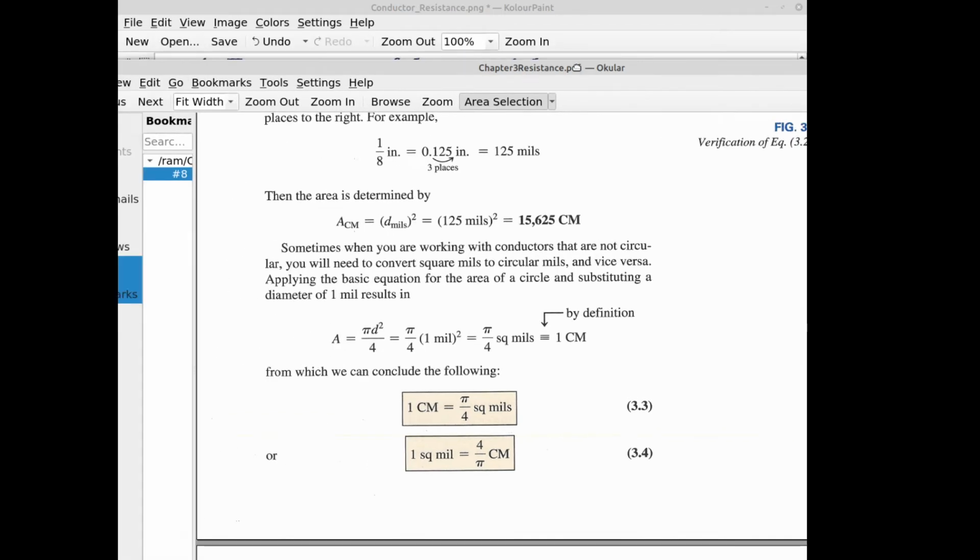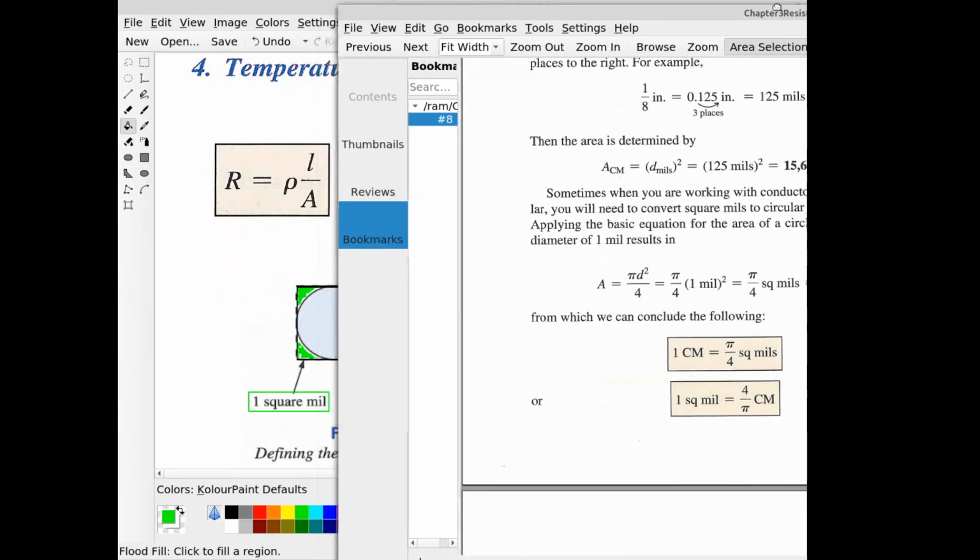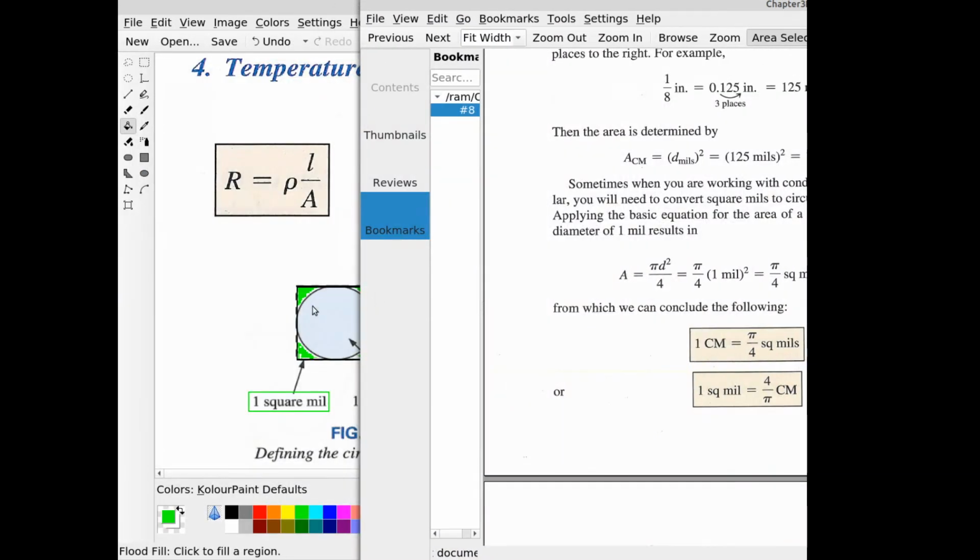The reason for that is that a true square mil includes these corners, but a circular mil does not. So it's basically about 3/4. Remember, pi is 3.14, so it's about 3/4 of a square mil.